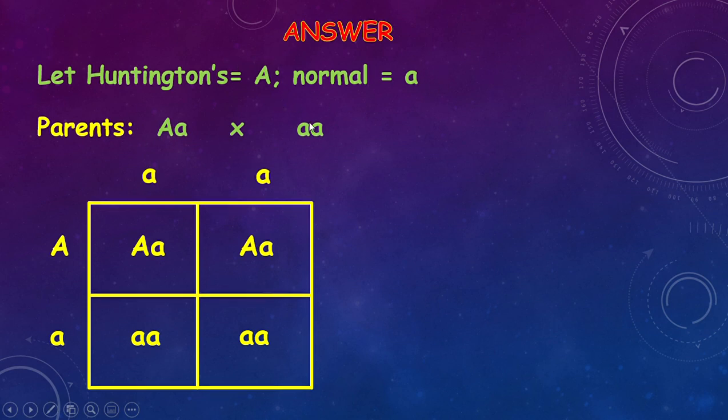If you didn't quite get these ones here, go back and read to see how I got these particular ones. So answering the questions. So genotype ratio is 1 big A little a is to 1 little a little a. Remember, lowest common denominator. Although it's 2 to 2, the lowest is 1 to 1. That's what the answer should be.